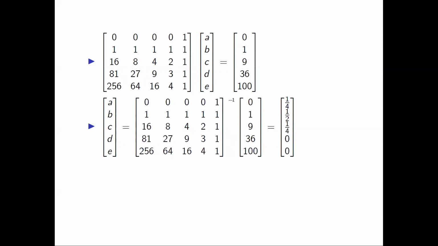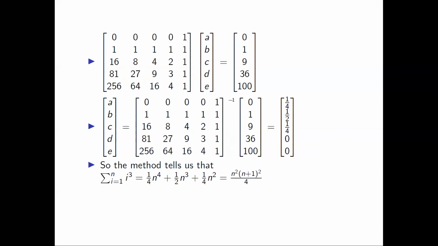And you can simplify that with whatever you like to use to calculate matrix inverses, maybe a calculator, Wolfram Alpha, something like that. And that will leave you with 1/4, 1/2, 1/4, 0, 0, the 5x1 matrix.